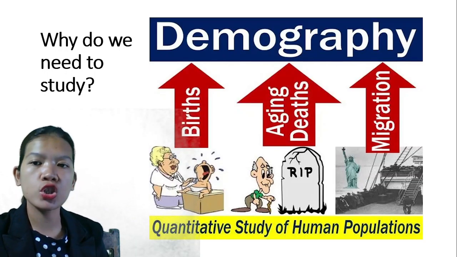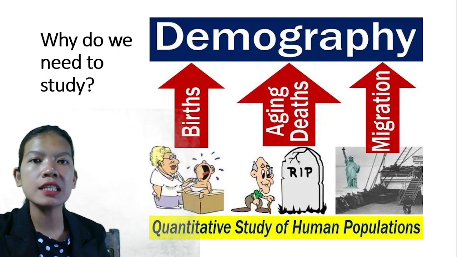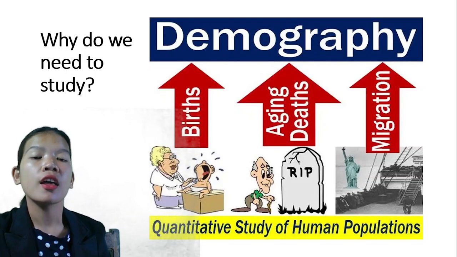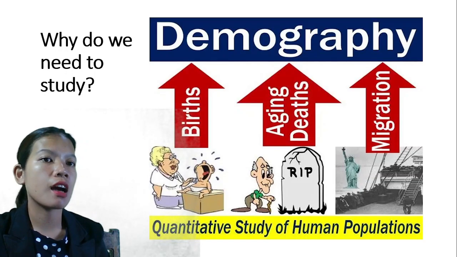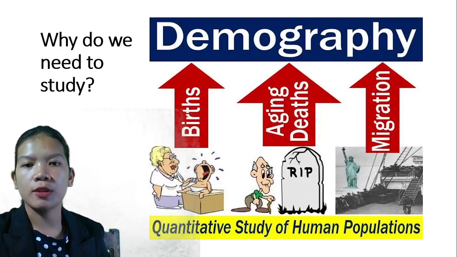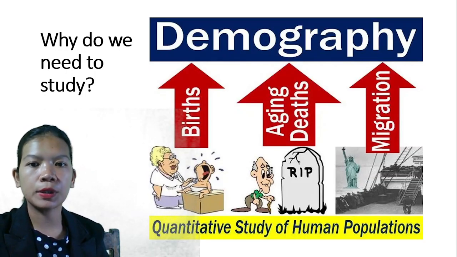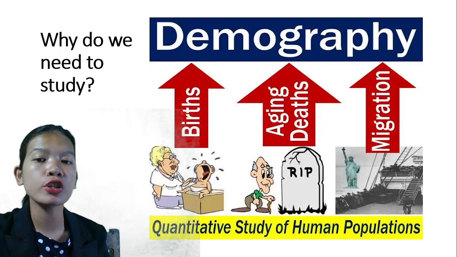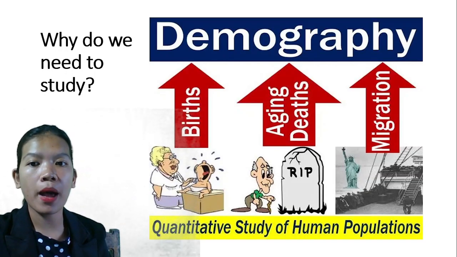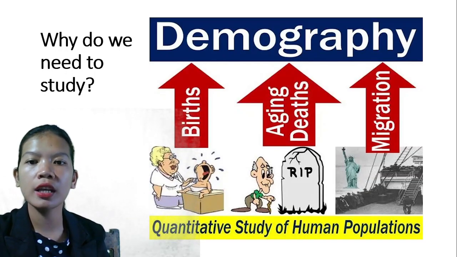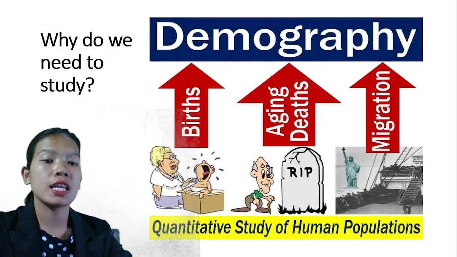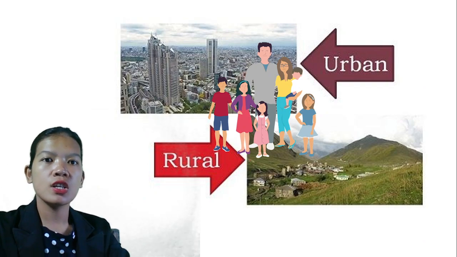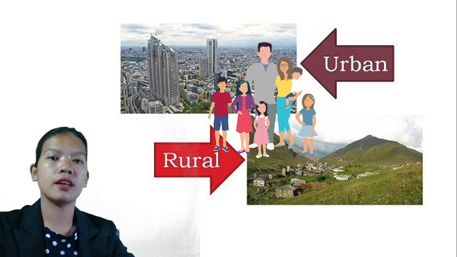These interactions are increasingly molded by the globalization process, which we discussed in our previous lesson. So in this unit, we will explain and understand the interconnectedness among population, migration, and environmental sustainability.